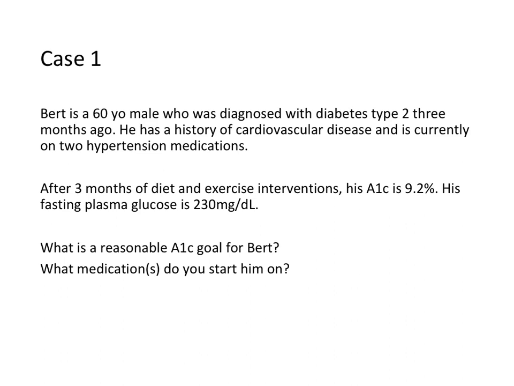After 3 months of diet and exercise, his A1C is down to 9.2. His fasting plasma glucose is 230 milligrams per deciliter. So given this patient's information, what do you think is a reasonable A1C goal for Bert? And then based on our algorithm, what medication regimen do you want to start him on?